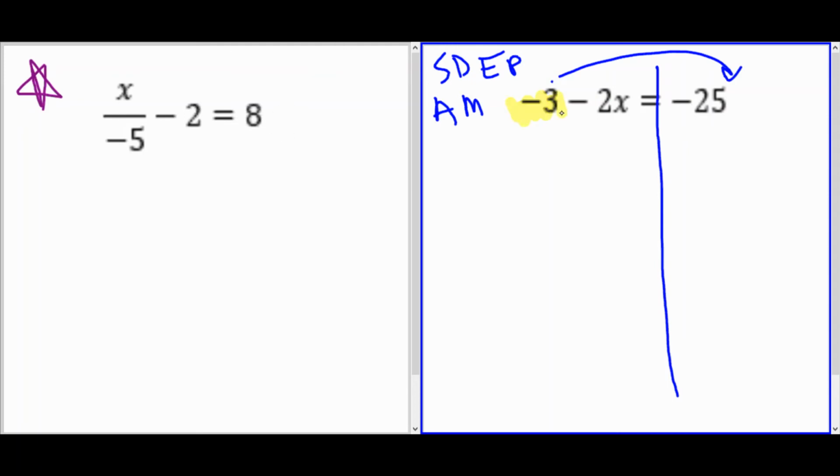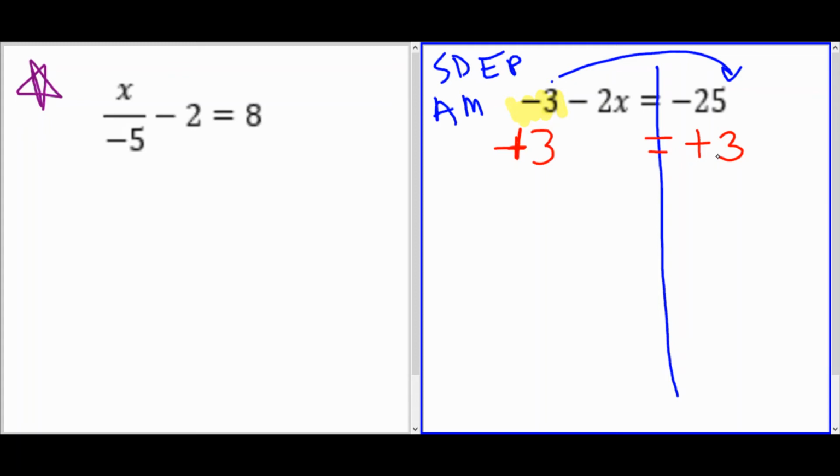So this number that I'm moving is -3. So how do we move a negative? How do we undo a negative? The answer is that to undo -3, we need to add 3. So undoing a negative by adding, so +3. And that equals -25 plus 3.